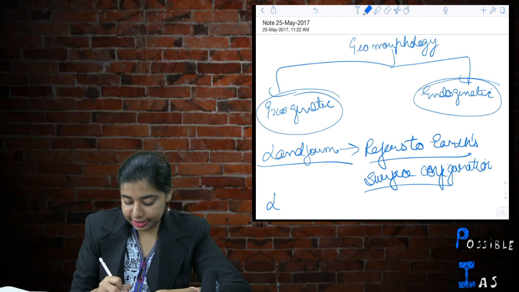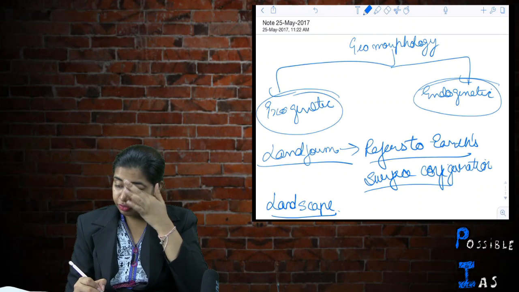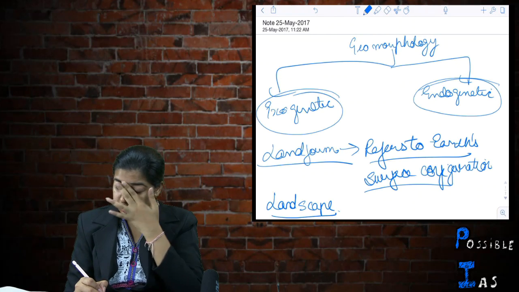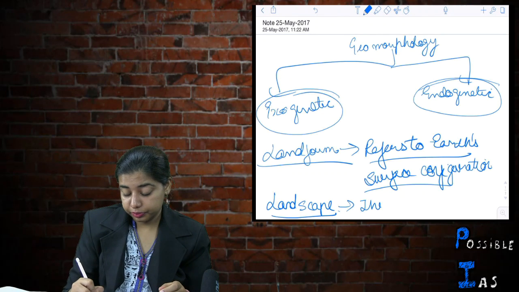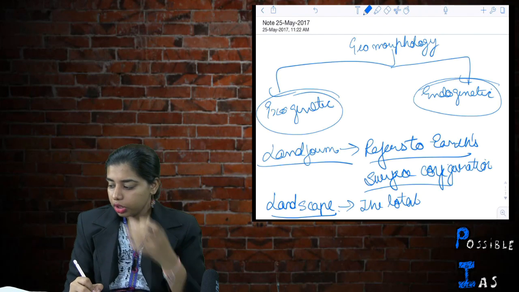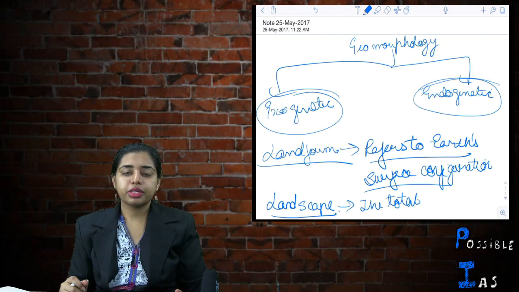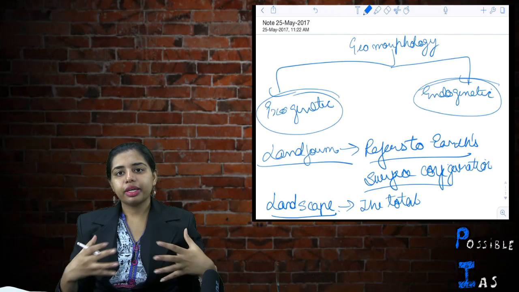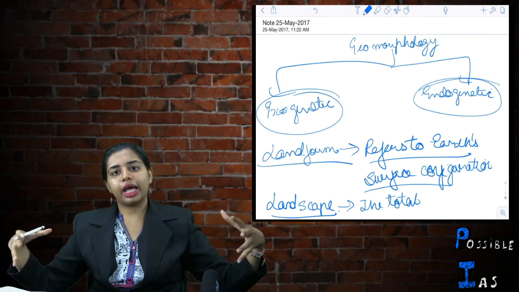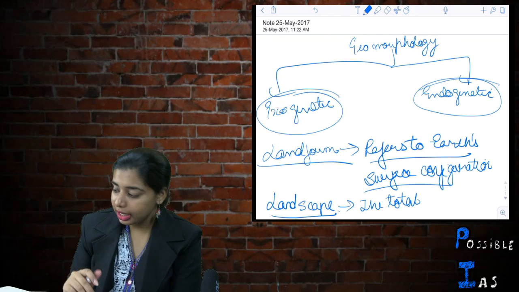And what is landscape? So landform is different from landscape. It refers to the total assemblage of the different landforms that are present in the area. So whatever all the landforms of an area, when you see it in totality, that area that is formed because of the different landforms is known as the landscape.